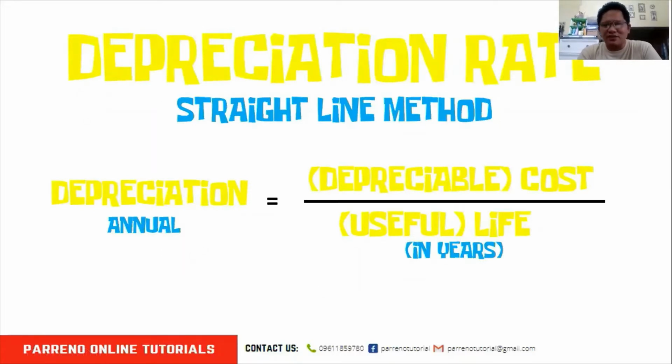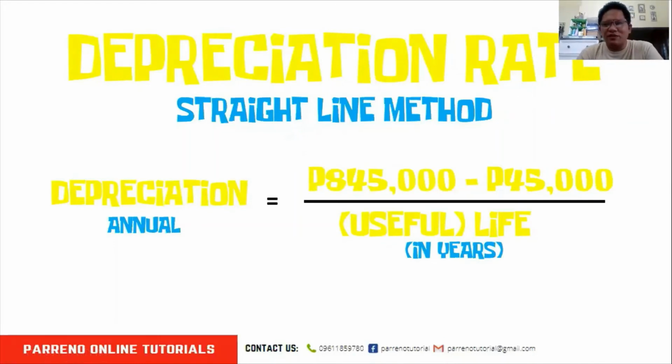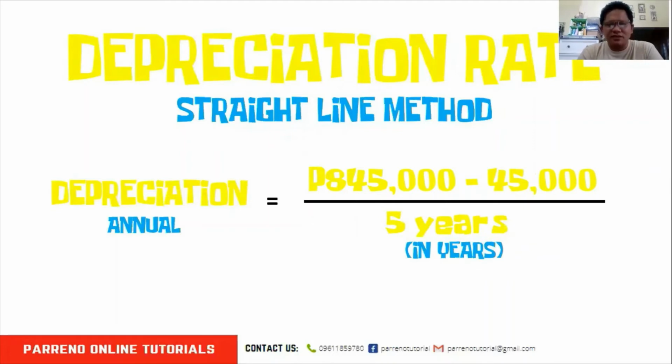In the straight line method, the depreciable cost is divided by the number of useful life in years. Then you will get the annual depreciation. So it's 845,000, the total cost, minus 45,000, the scrap value, divided by life in years, which is 5 years.